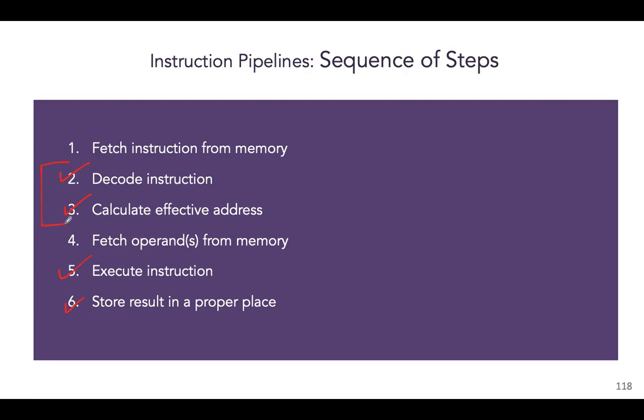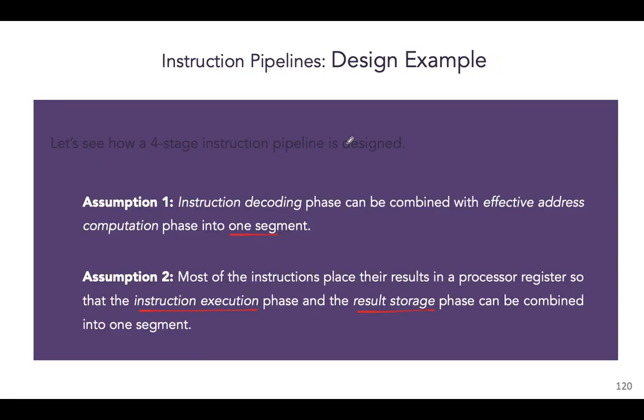First, 2 and 3 are performed in one segment, and 5 and 6 are performed in one segment. So we have one segment, 2, 3, and 4, right? So this is how we are designing a 4-segment instruction pipeline that essentially performs these 6 steps, but since we have combined multiple steps into a single segment, we have a 4-segment pipeline.